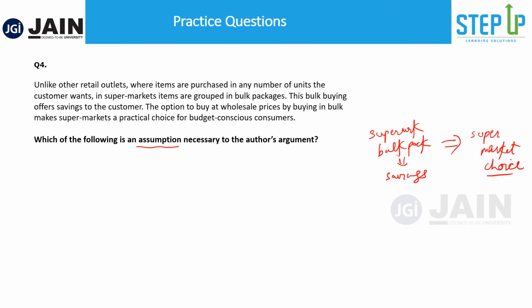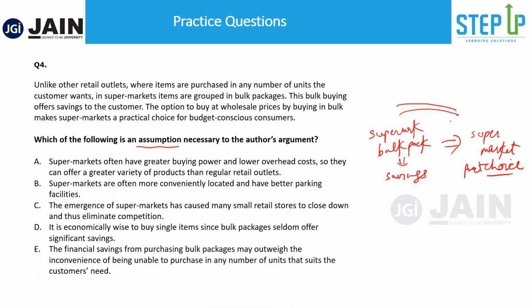Okay, so our author's argument is because at supermarkets you have this bulk package which offers savings, therefore it's a practical choice for our consumers, right? So which of the following is an assumption? Something which can show the linking between this and say, hey, this is important to them and therefore, right, would be an answer. So let's look at the options.